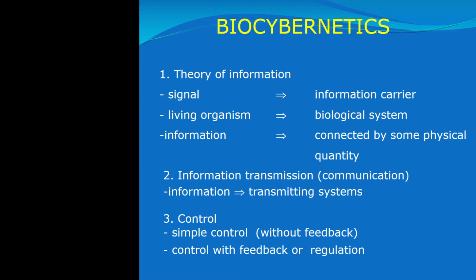So each biological system transmits information or communication. So information is the transmitting system, and each biological system has control. Simple control means without feedback, and control with feedback or regulation.